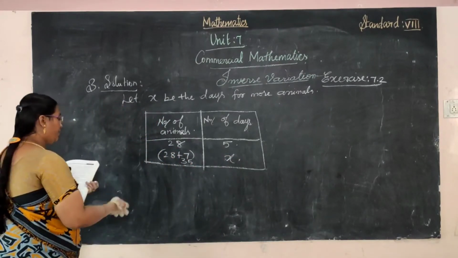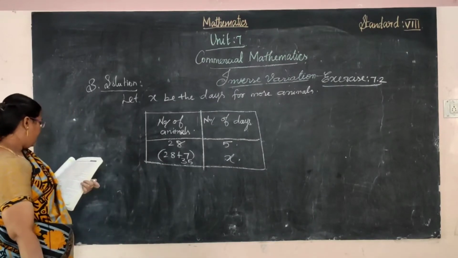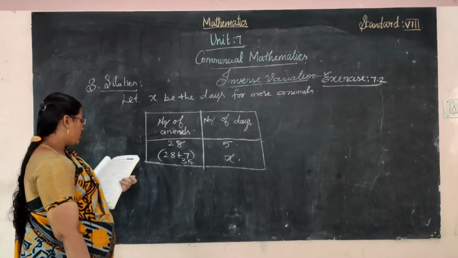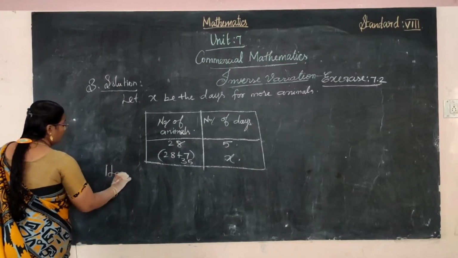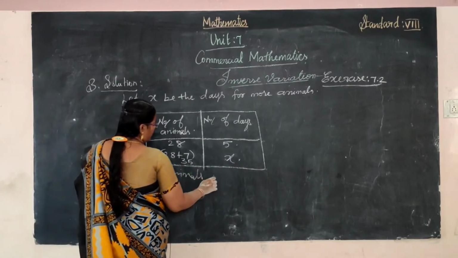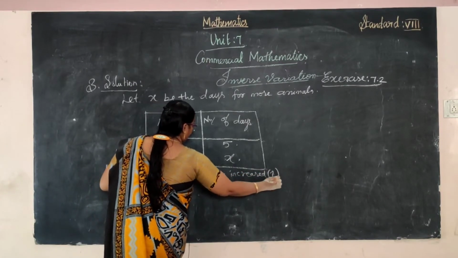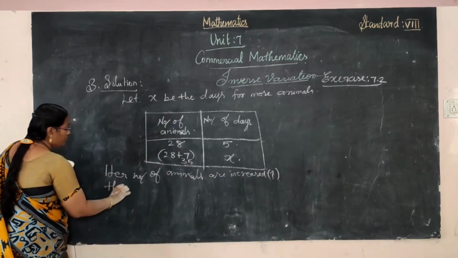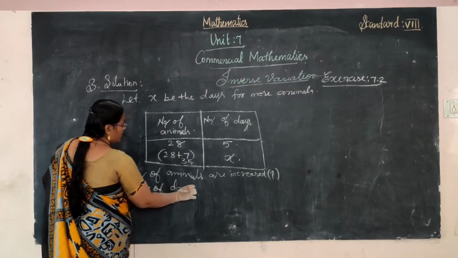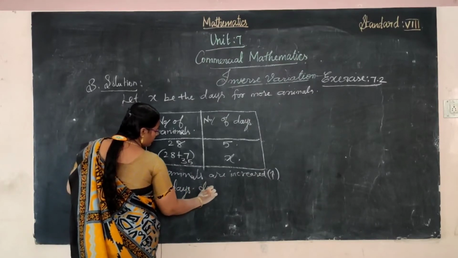So the number of animals is increased, so the number of days will be decreased. Here the number of animals is increased, then the number of days is decreased.